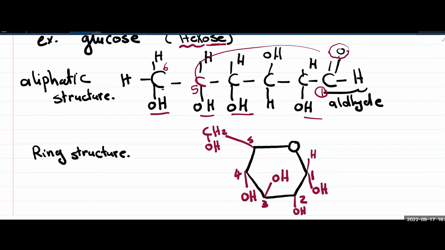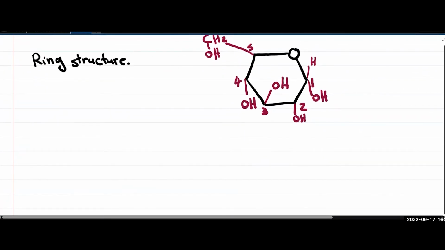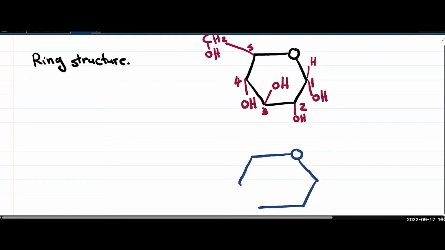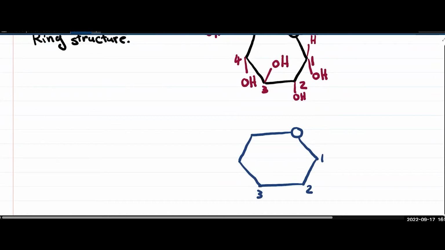Okay, let me draw it one more time. So again, I will make a hexagonal ring at which the oxygen is a part of the ring. Is it hard? No. There is carbon number 1, carbon number 2, number 3, number 4, number 5.